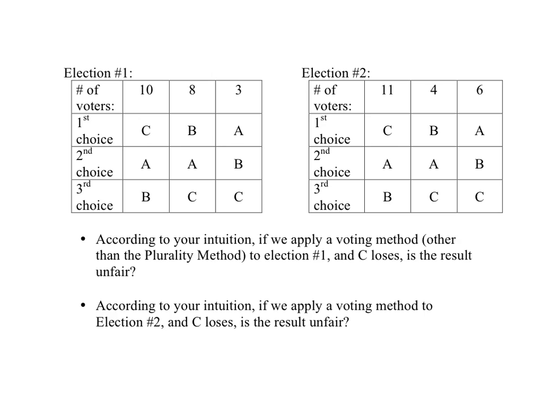If we use the plurality method, C would have won. If we use some other method, then somebody else might win. Is that unfair? The follow-up question is about election number 2. If we apply a voting method to election number 2 and C loses, is the result unfair?